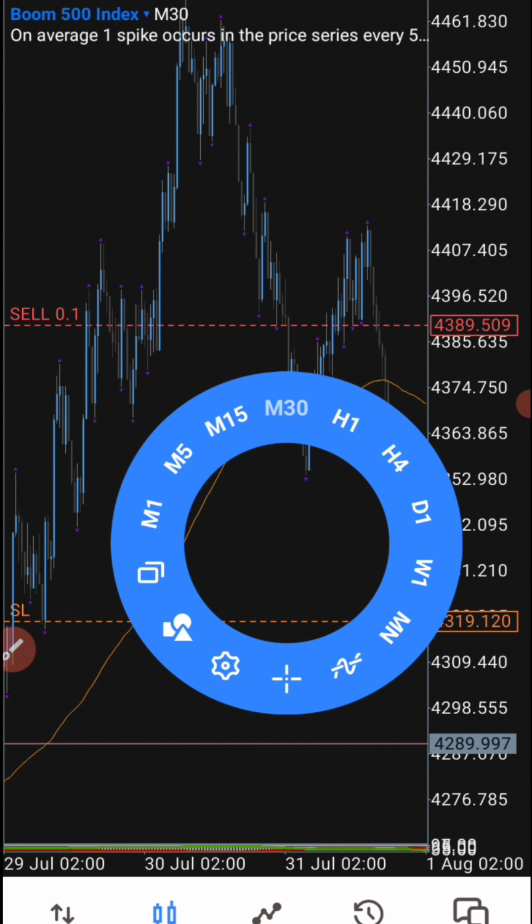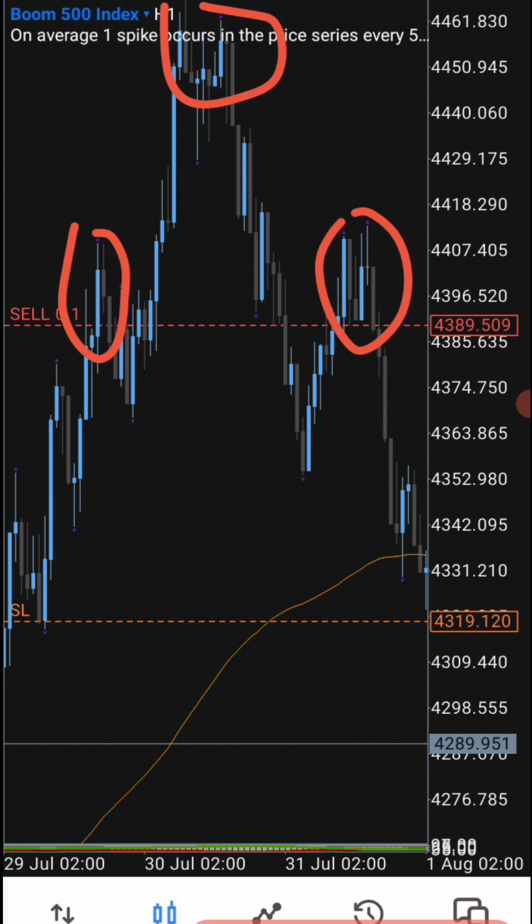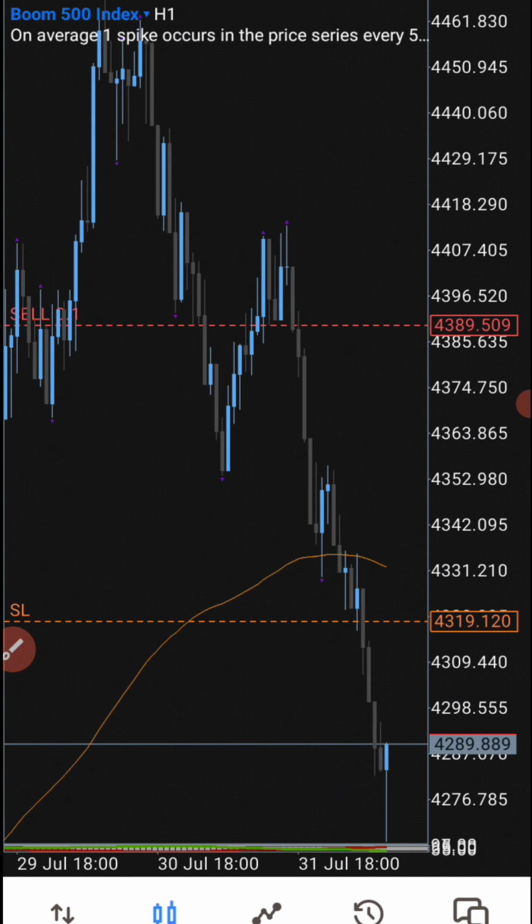Now if you go to even the 1 hour time frame, you're going to see the same head and shoulder pattern, okay. Now what is the point? The point is, if you have a small account or big account, especially a small account, and you want to trade profitably, all you need to do is to look out for highly profitable classic patterns, and of course high probability trades, right?